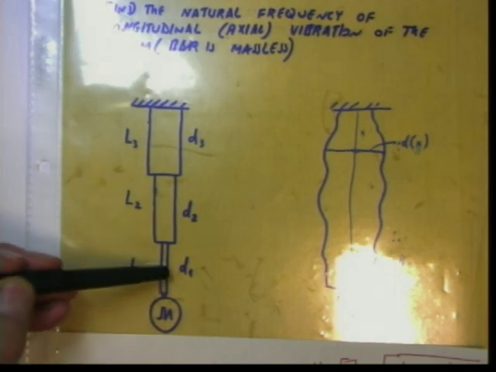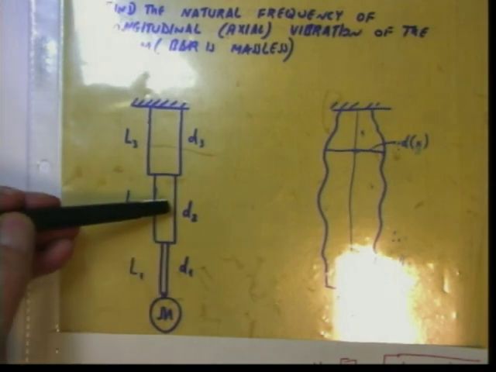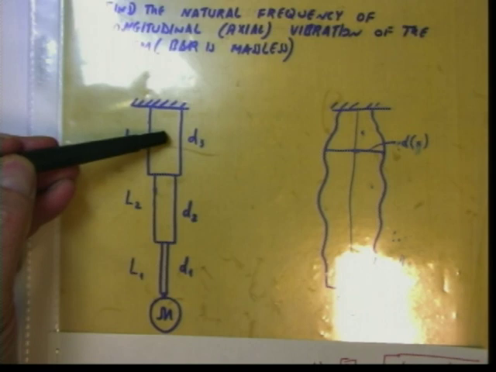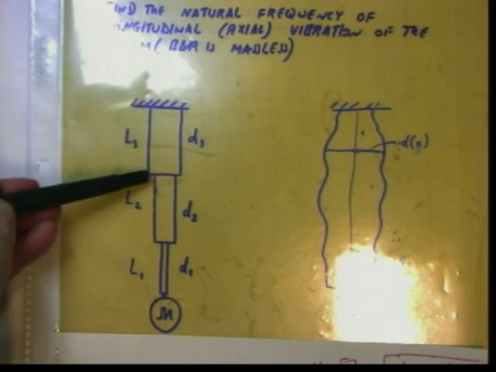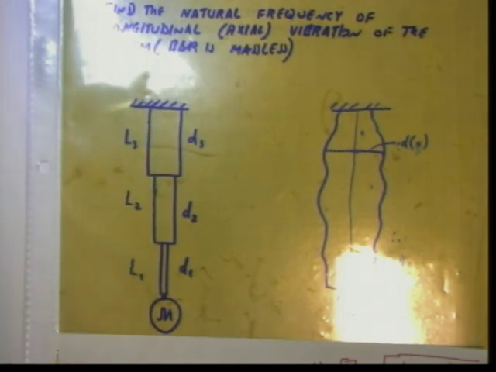Here diameter equals D1, here D2, here D3, lengths equal L3, L2, L1. Because not everyone is a mechanical engineer, I will derive for you the connection between load and displacement in a bar.